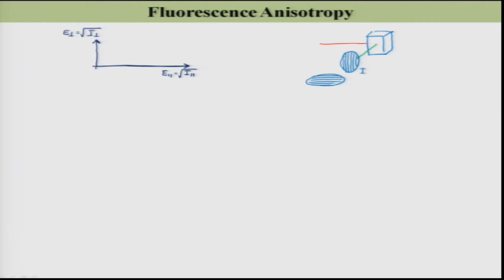And if I rotate the polarizer like this way, then it will make some angle, let us say theta, from the vertical excitation, from the parallel component.